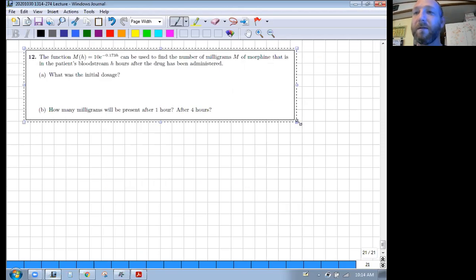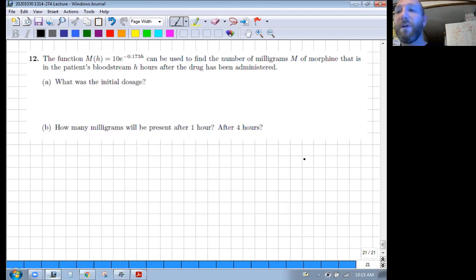All right, this one tells us about the amount of milligrams of morphine in the bloodstream. The initial dosage is at hour 0. So M of 0 is 10 e to the negative 0.173 times 0.